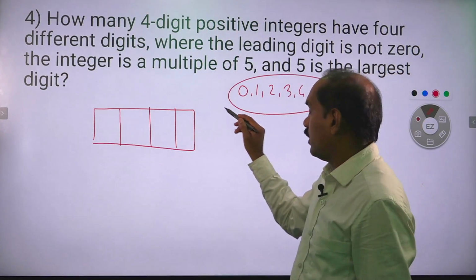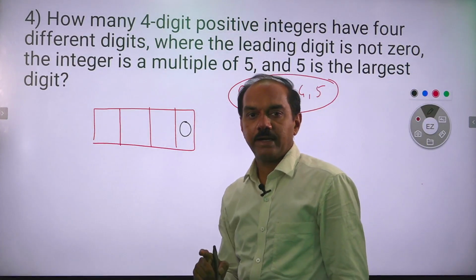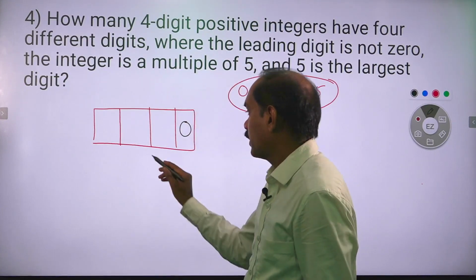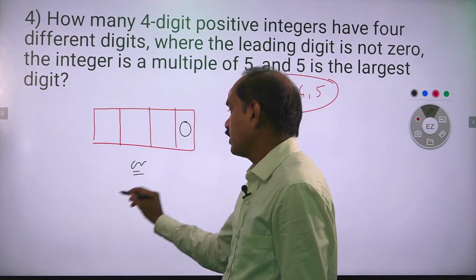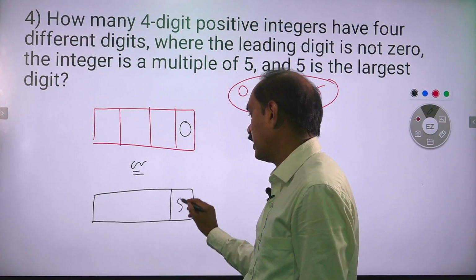You can have 0 in the end. Even if you write 0 in the end, it is divisible by 5, meaning multiple of 5. Or you can have 5 in the end.